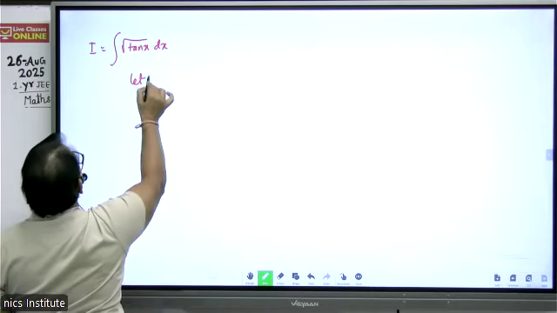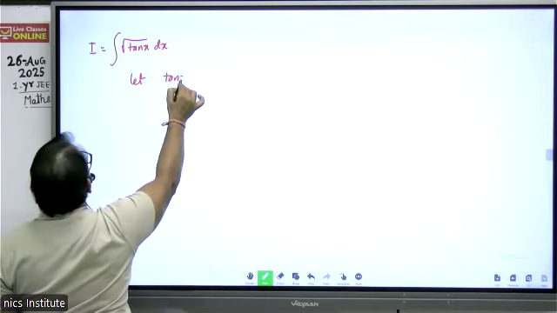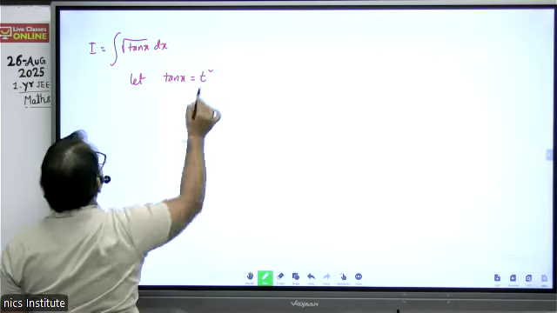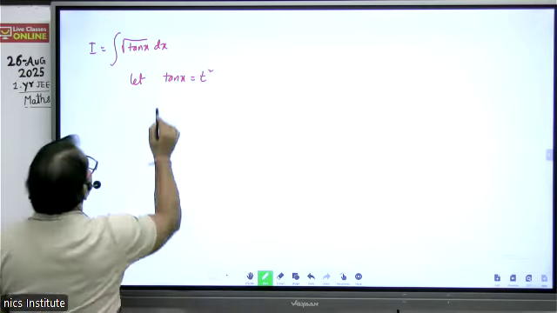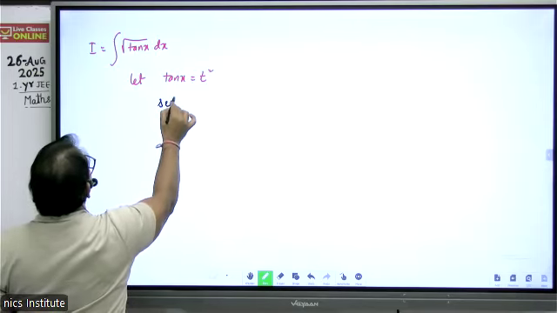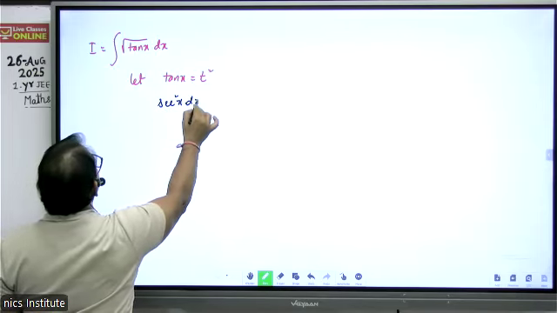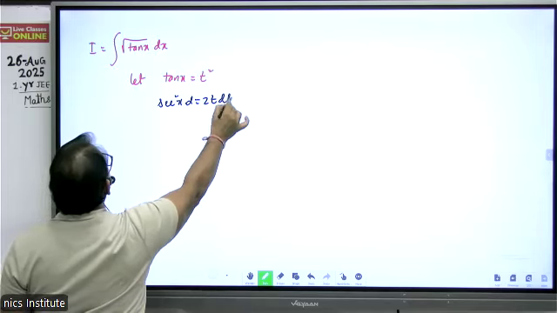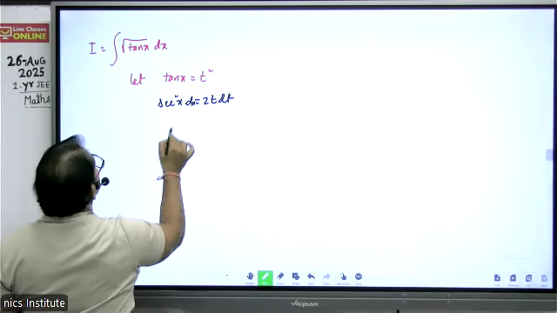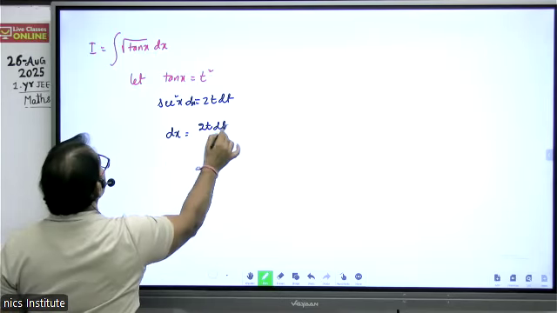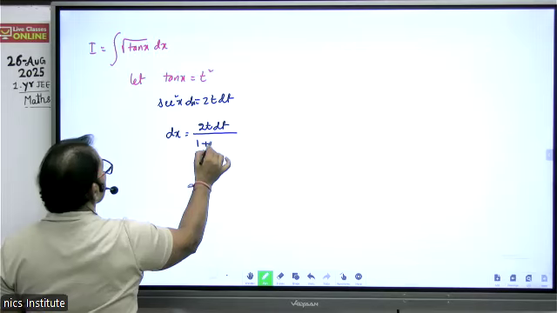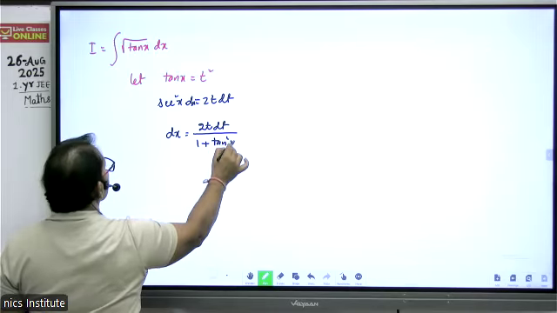For root tan x, root cot x, you can take tan x equal to t square, because we want to get rid of the under root. Differentiate this, it will be sec square x dx is equal to 2t dt. So dx will be 2t dt divided by sec square x, which is 1 plus tan square x.